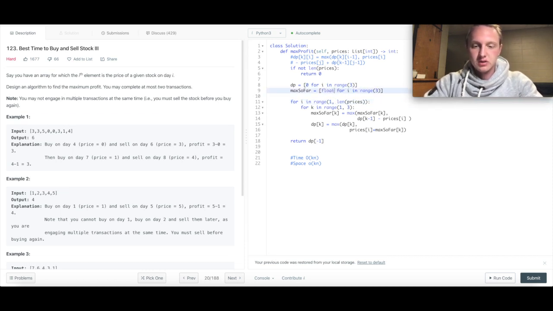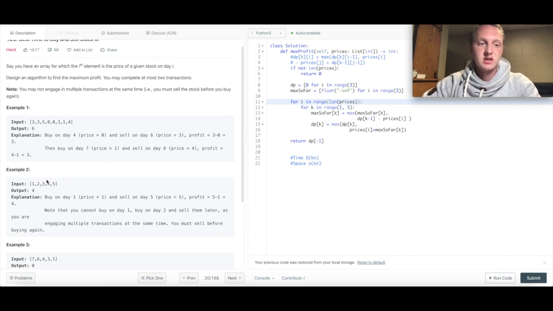We want to obviously initialize this value to the smallest value possible, and here we want to start from 0, not from 1, just because in cases like this one, we want to be able to calculate max so far also for the first value, meaning that we might buy the stock on the first day.